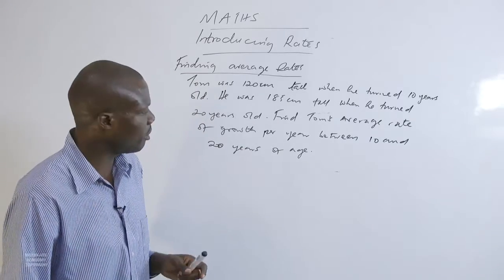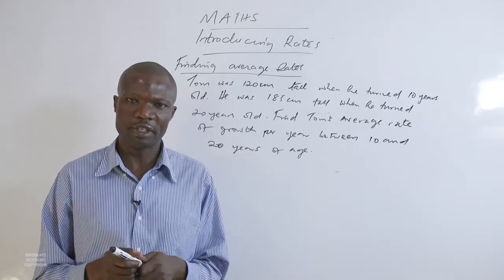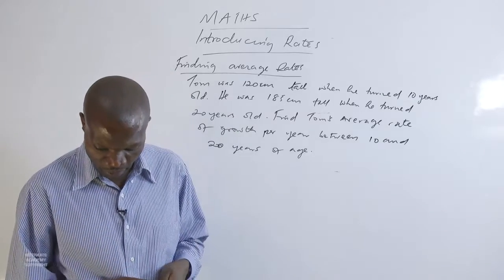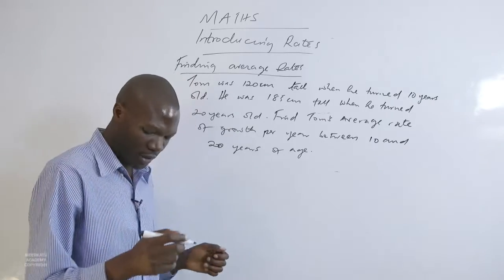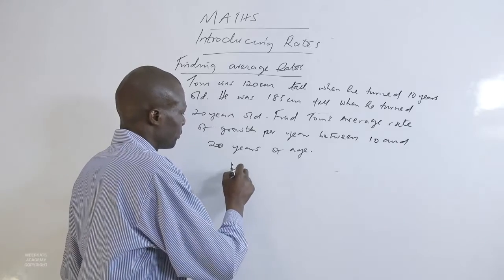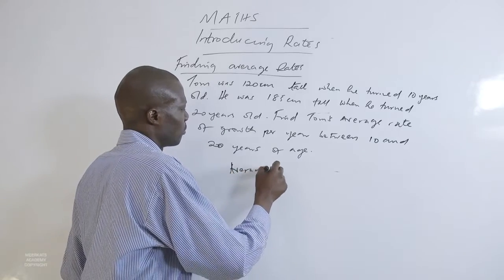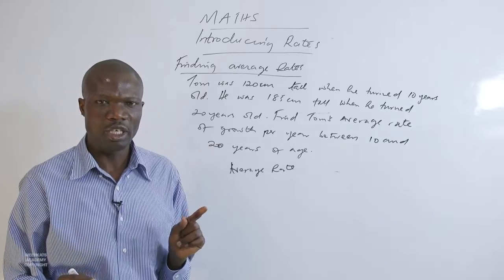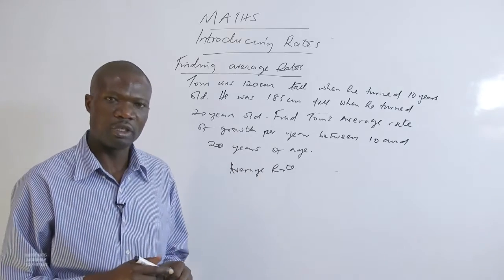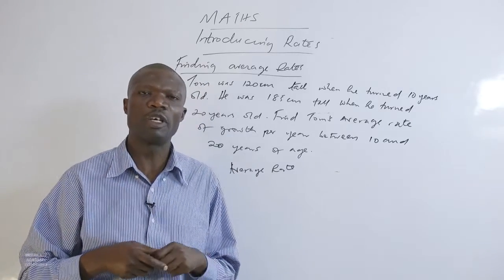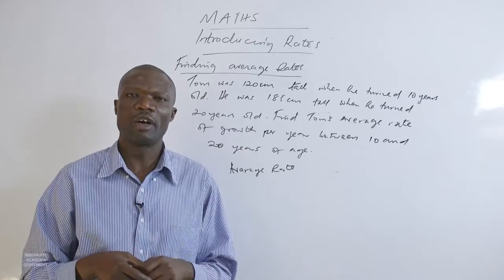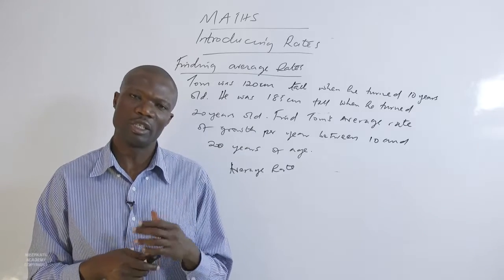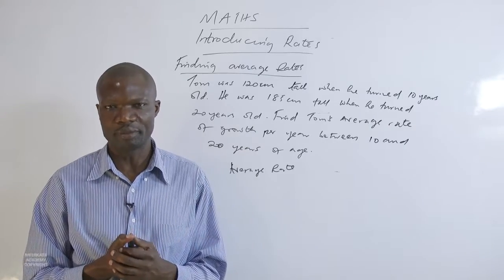Now, I'll start by looking at average rate, how it is taken to be. We say that the average rate is taken to be the total change in the first quantity divided by the total change of the second quantity.